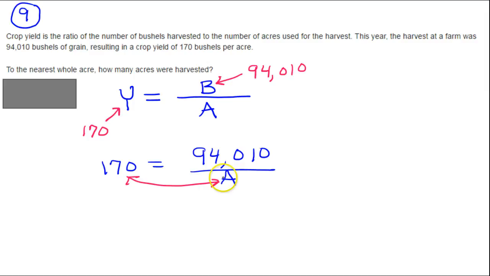So if I put the A out here and the 170 down here, that would give me A is equal to 94,010 divided by 170. I've been using that for years, decades, so it's second nature to me now.